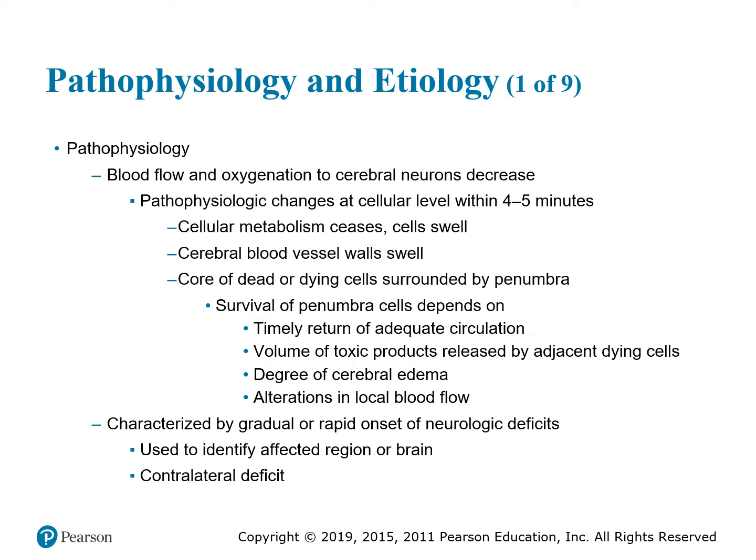Their structural integrity is maintained. The survival of these cells depends on the timely return of adequate circulation, the volume of toxic products released by the adjacent dying cells, because when a cell dies, it does release toxins, and the degree of cerebral edema, so that's swelling in the brain, and alterations in local blood flow.